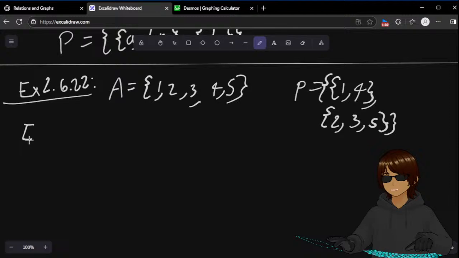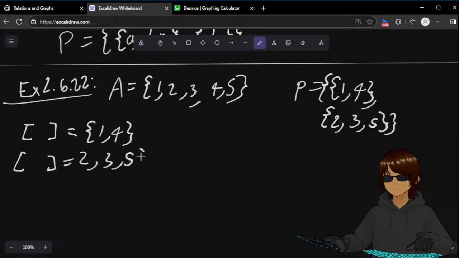So suppose we have one class. There should be a relation class where we have 1, 4 as one of them and 2, 3, 5 as one of them. Yeah, this is confusing. And they need an equivalence relation as well.